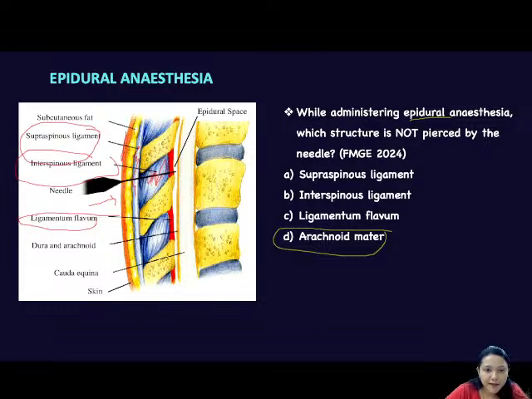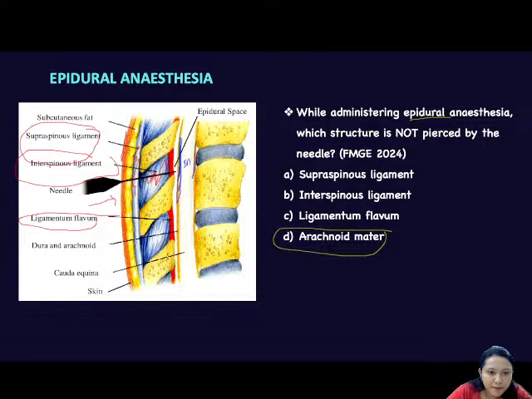So you can see that this is the dura mater. I am drawing the dura mater with blue color. This is the dura mater and this is the arachnoid mater.